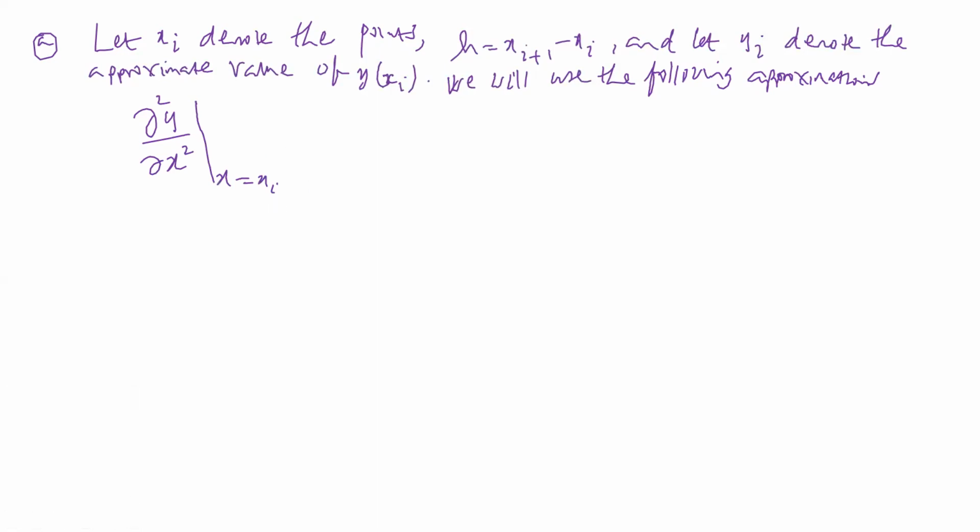This is a formula using the central difference formula, and therefore it is yi plus 1 minus 2yi plus yi minus 1, divided by h squared. So this must be known.